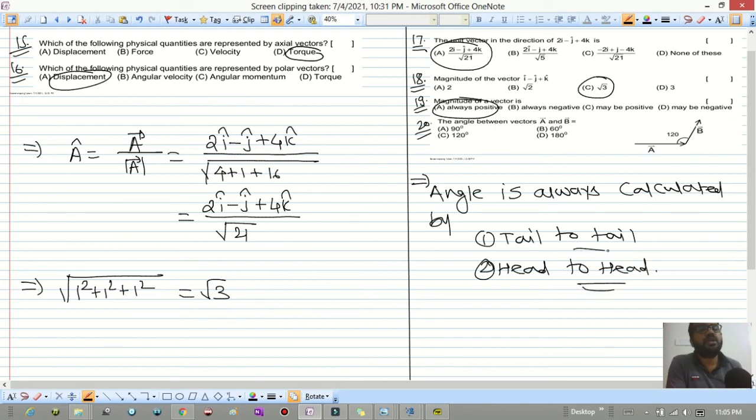As you can see over here, the head of the first vector is connected to the tail of the second vector. So what we have to do is translate this vector to this side, and whatever this angle is, that is the angle between A bar and B bar, which is 60 degrees. So option B is the correct option over here.